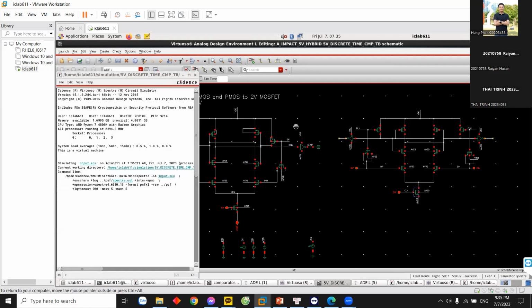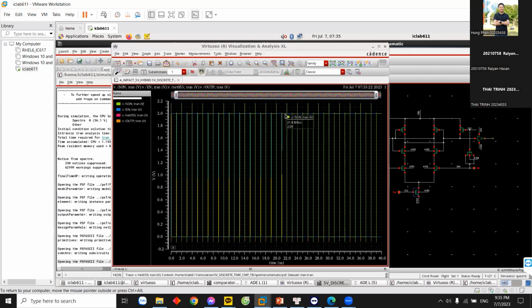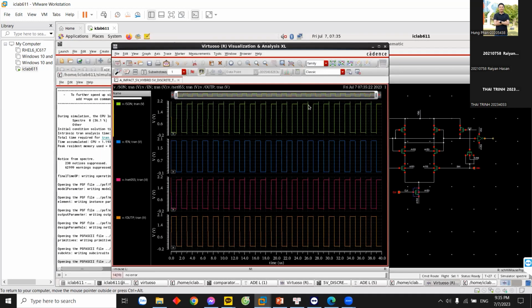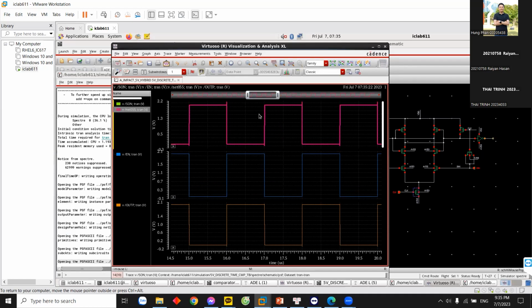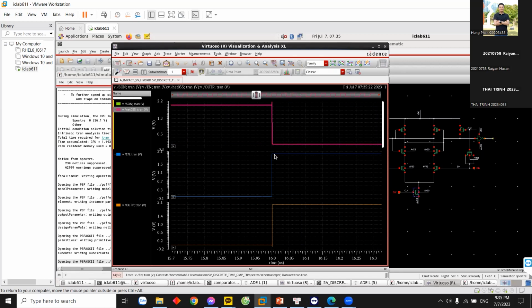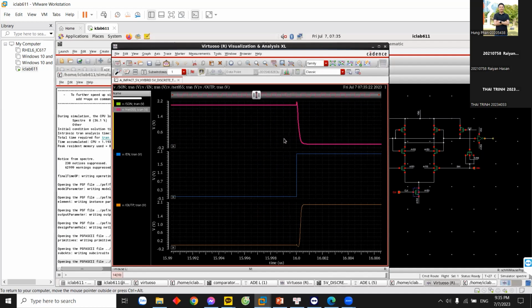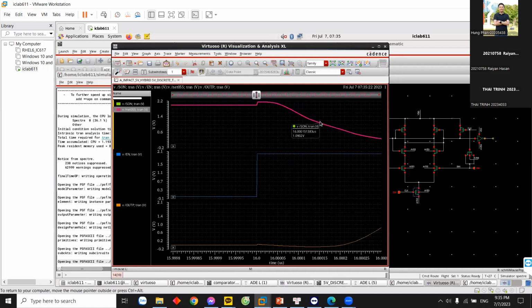But I saw in the circuits in the paper it is 1.5 divided by 1.5. Maybe I saw in the paper. Now it is the same, right?